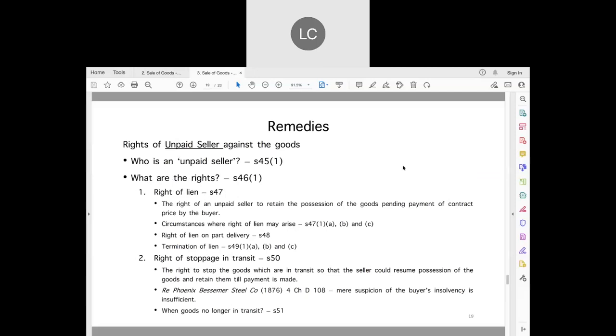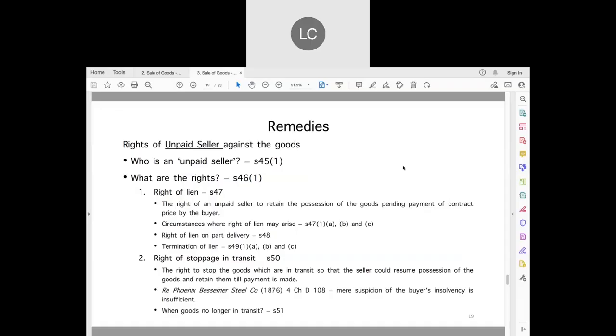And then apart from sections 55 and 56, the Sale of Goods Act also provides the seller with additional remedies against the goods in the event of non-payment by the buyer. In other words, if the buyer fails to pay, the seller has 55 and 56 to ask for money. Now there is another remedy which the seller has over the goods, that is under section 46.